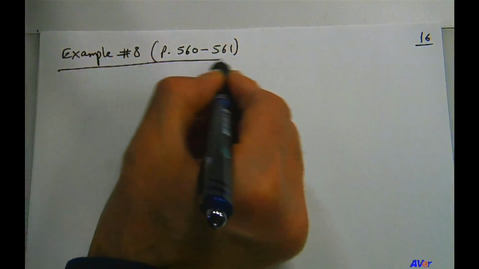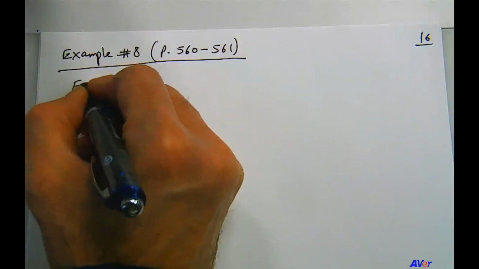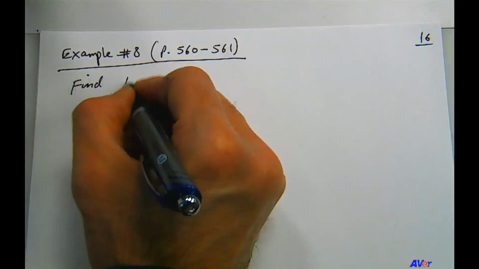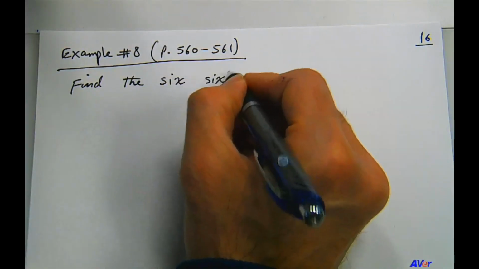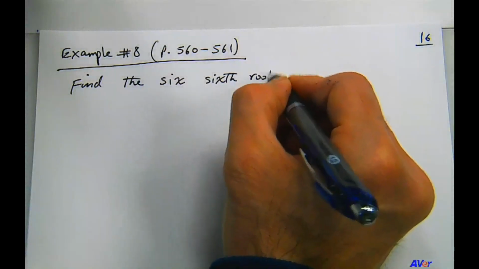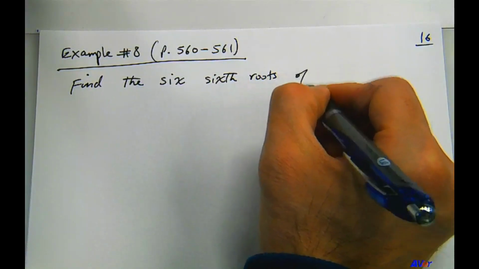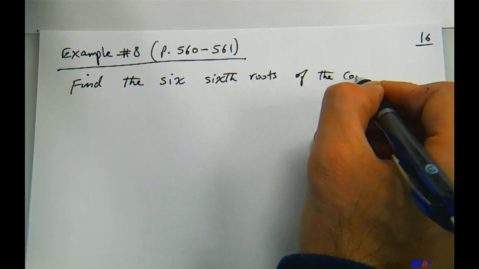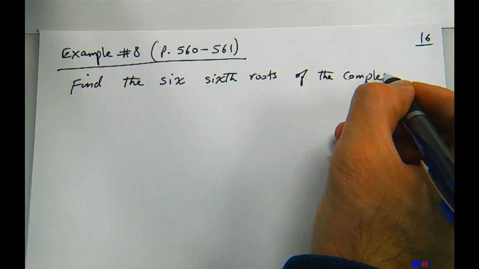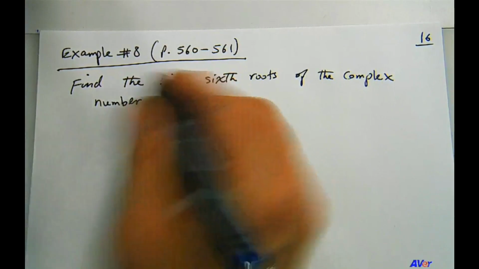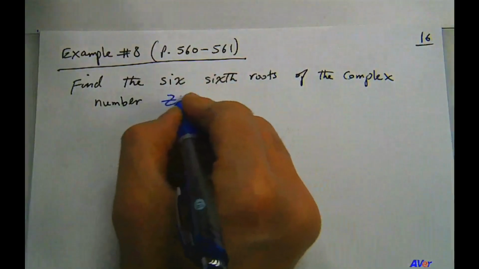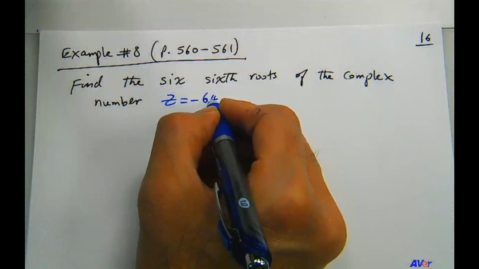Okay, so here we're asked to find the sixth roots of the complex number z equals negative 64.